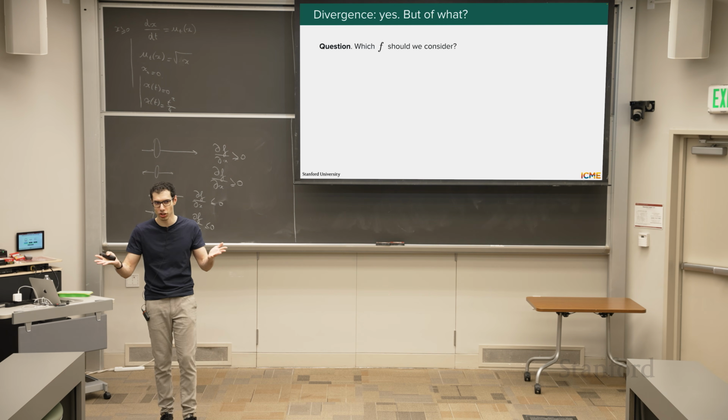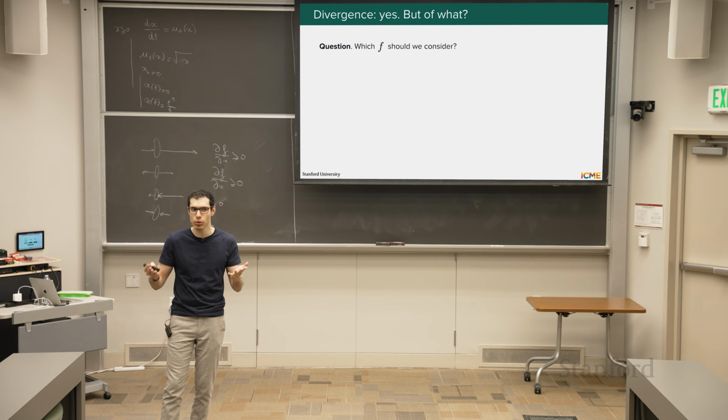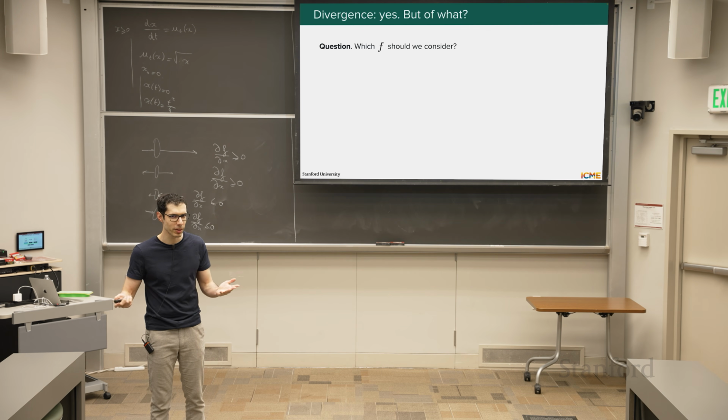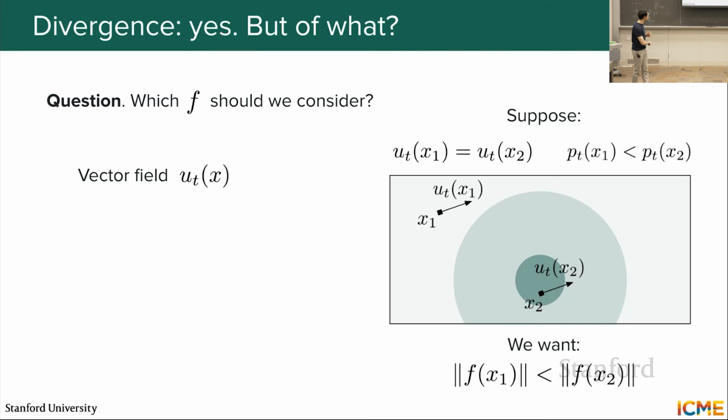So now a second question is something that we ask ourselves, which is, okay, what should we use as f? What should f be? So we saw the vector field, which is a vector that could be a candidate. So do you think the vector field could be a good candidate? So let's see with an example. So let's suppose you have 2 points in space, let's say x1 and x2, and then you have their respective vector fields.